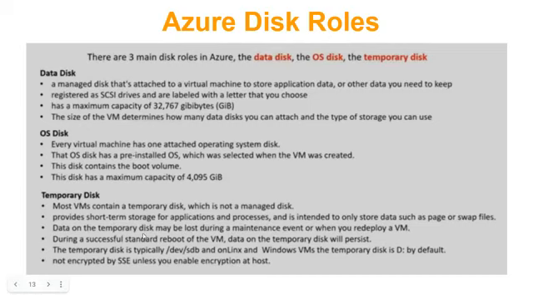Data on the temporary disk may be lost during a maintenance event or when you redeploy a VM. So in those cases, the data inside the temporary disk may be lost, and you must store your data accordingly.